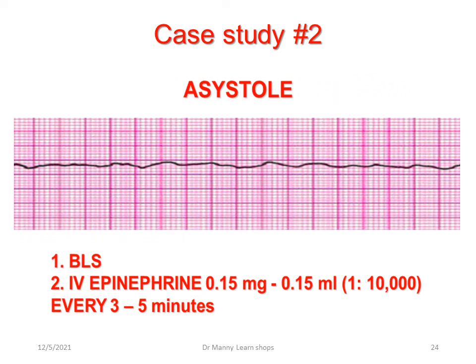The cardiac rhythm, or non-rhythm, is asystole. You provide BLS, activating the emergency medical response, and giving epinephrine 0.15 milligrams of a 1 in 10,000 solution every 3 to 5 minutes, because all medications are worked out according to weight.